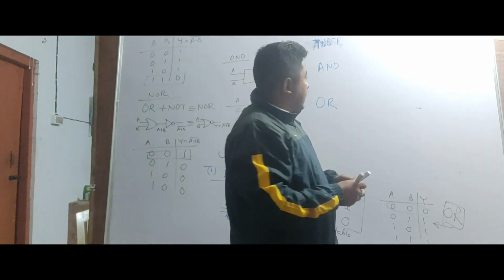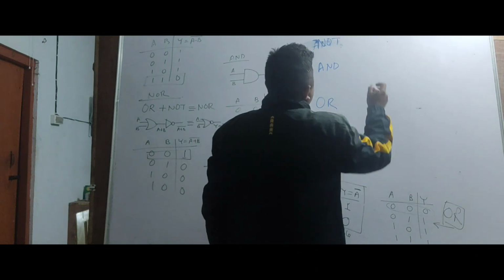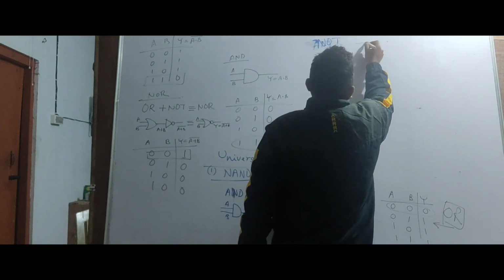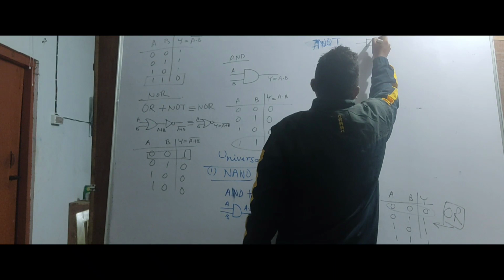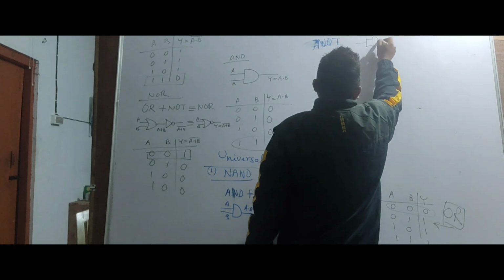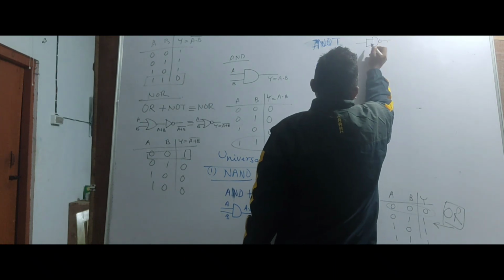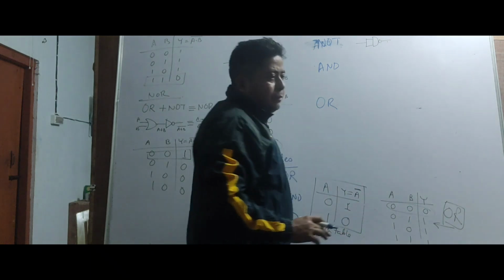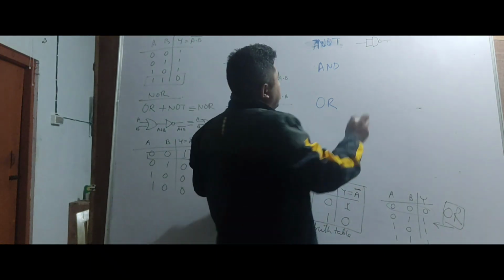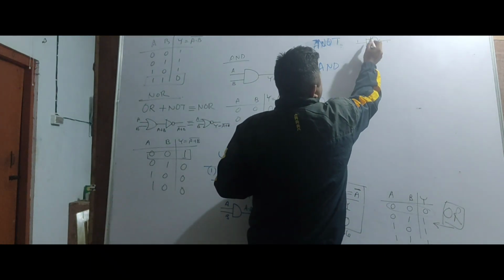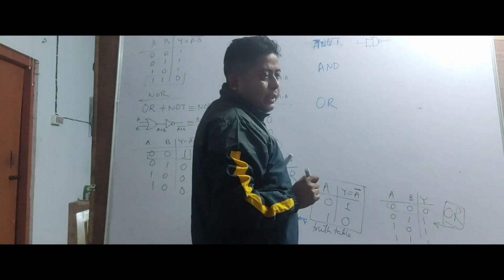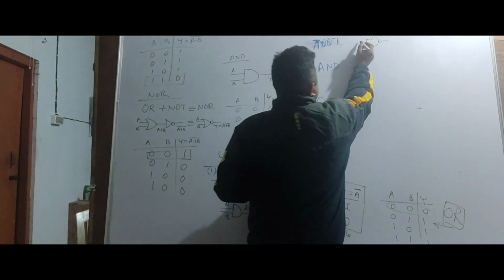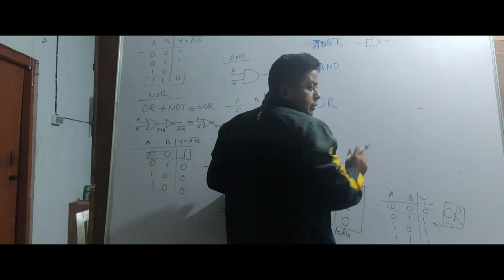Understood that? Okay. So you see, NOT has only one input, no? So what you can do is, this is the NAND gate, you can connect these two inputs together. When you connect the two terminals together, if you give 1 here, 1 will be for both the inputs, right? If you give 0 here, 0 will be here also.